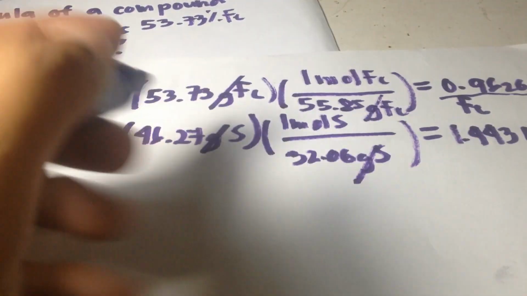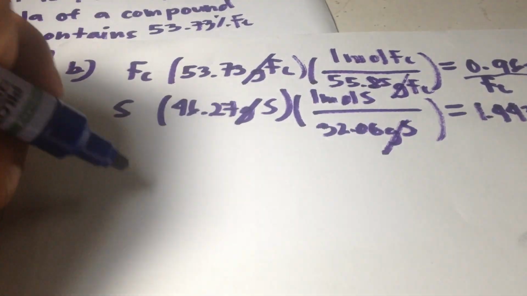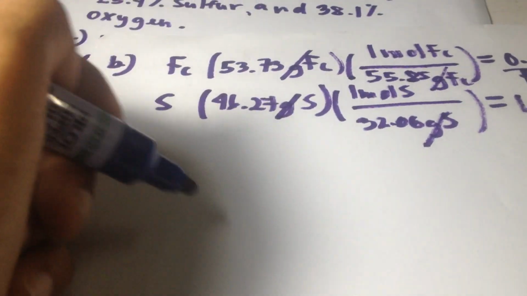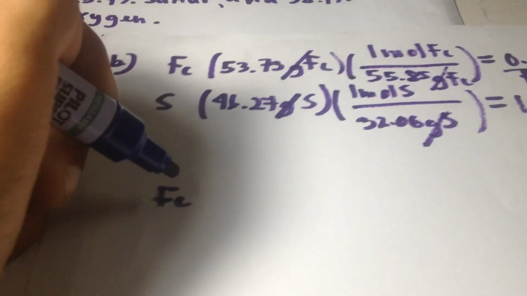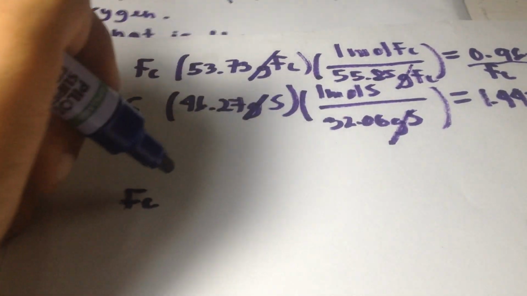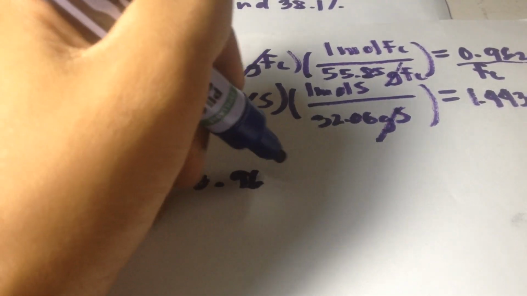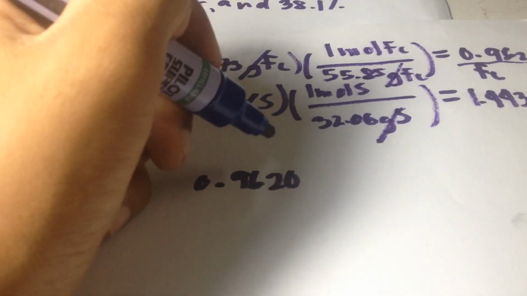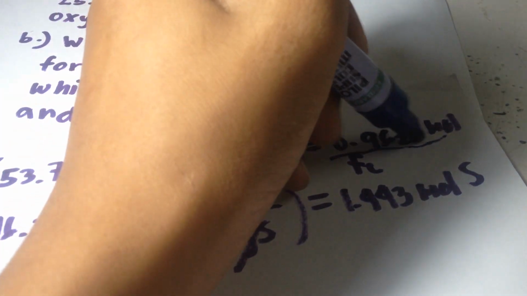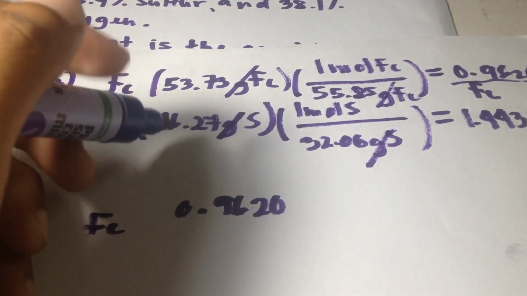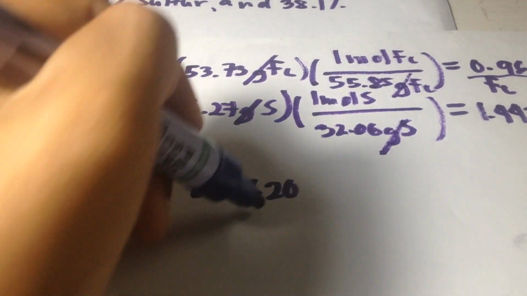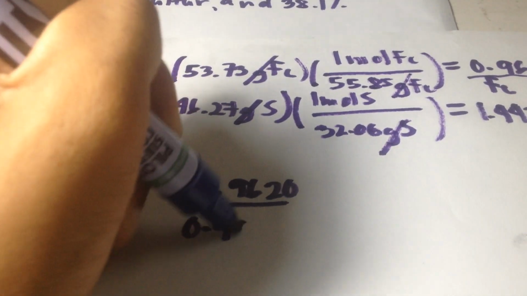Okay, and which is the lowest mole? It is the iron. This is the lowest mole. So we need to divide by itself. So in iron, they have 0.9620 divided by itself, which is 1.